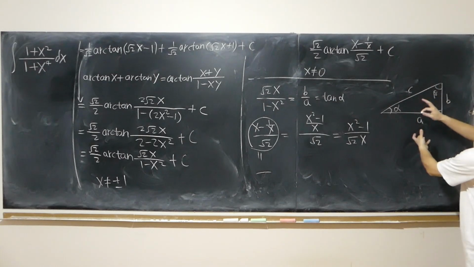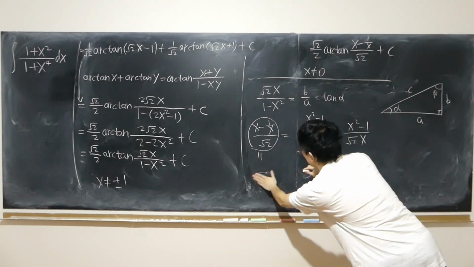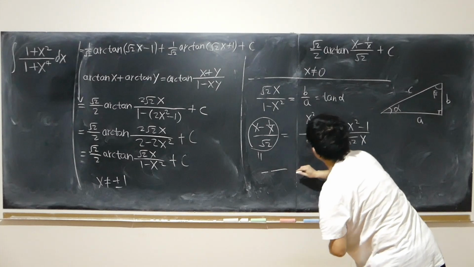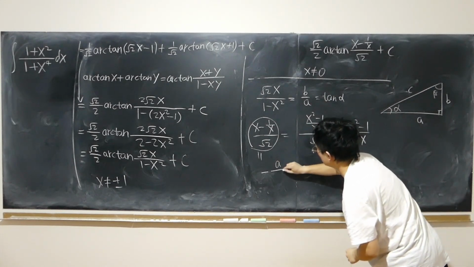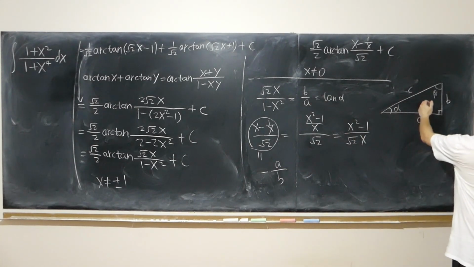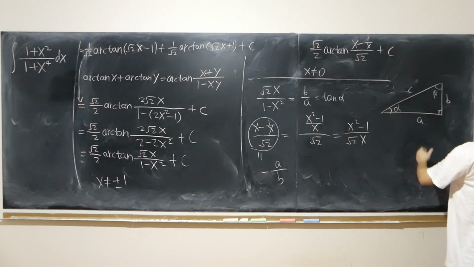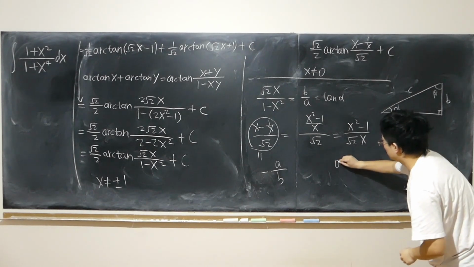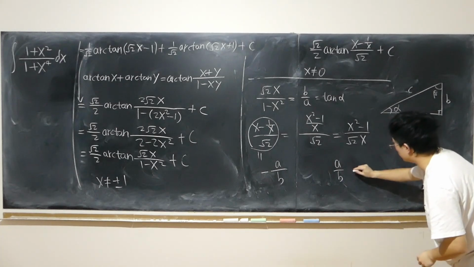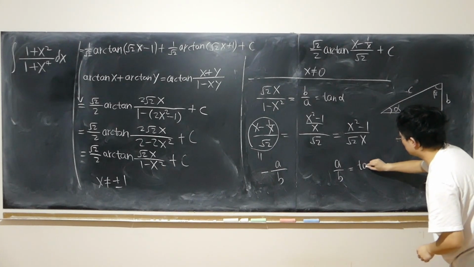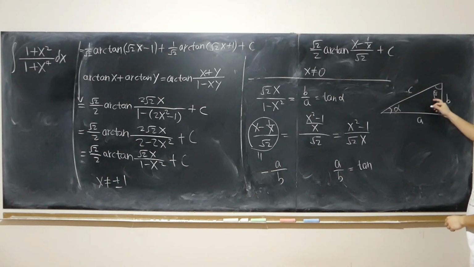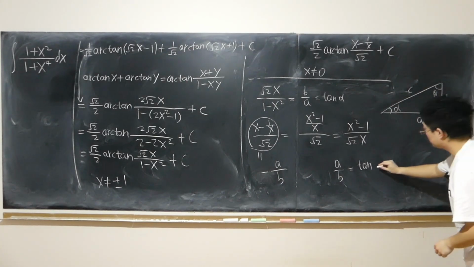Negative reciprocal of that is negative A over B. But positive A over B is just tangent beta.